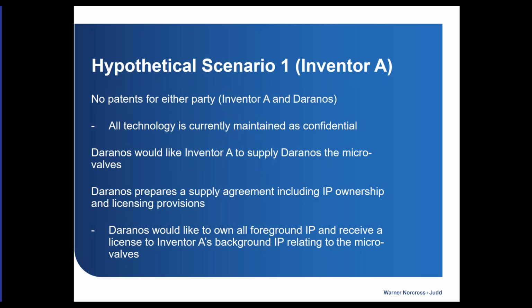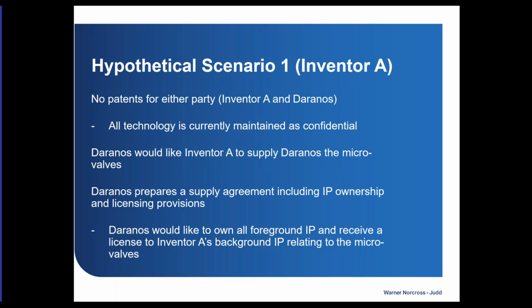Theranos would like inventor A to supply Theranos with the microvalves. Theranos prepares a supply agreement to include IP ownership and licensing provisions. In particular, Theranos would like to own all foreground IP and receive a license to inventor A's background IP relating to the microvalve.